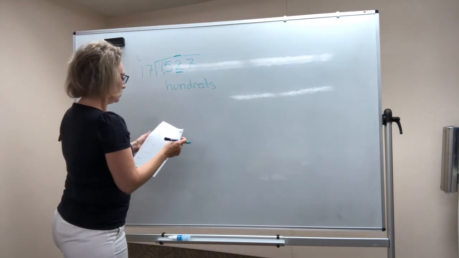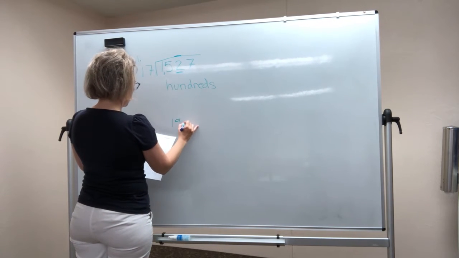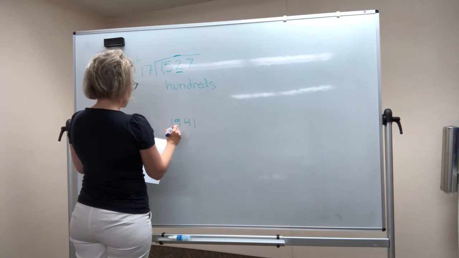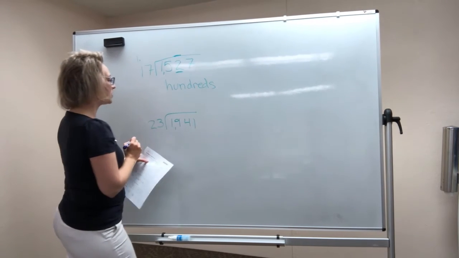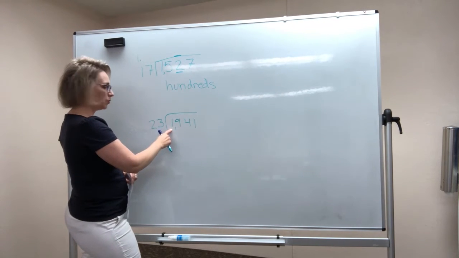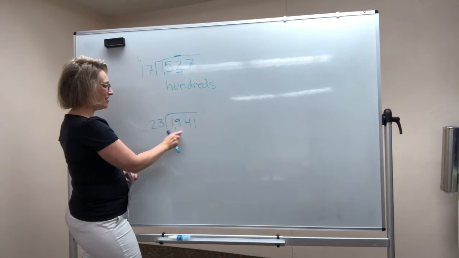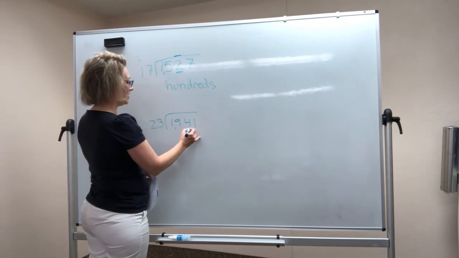Look at number 2. I'm going to do one more with you just to make sure you've got this. It's 1,941 divided by 23. Does 23 go into 1? Nope. Does 23 go into 19? Nope. Does 23 go into 194? Yes, it does.